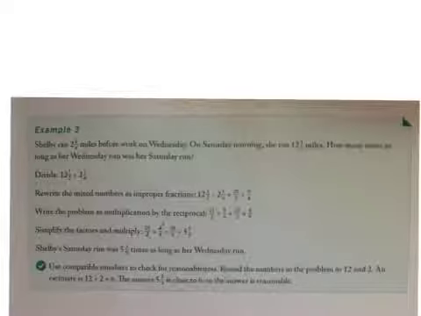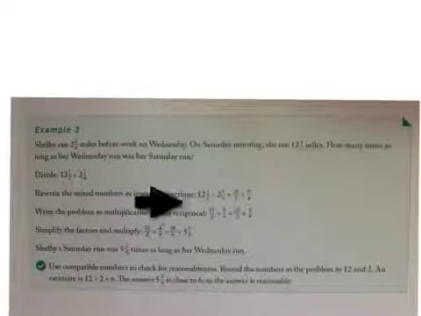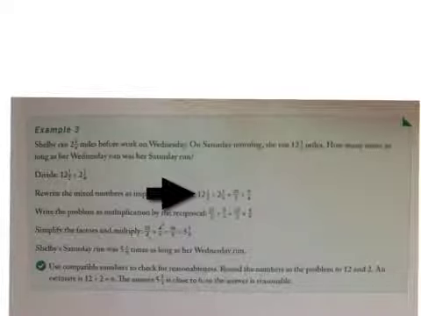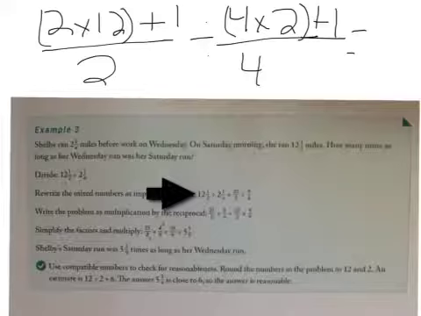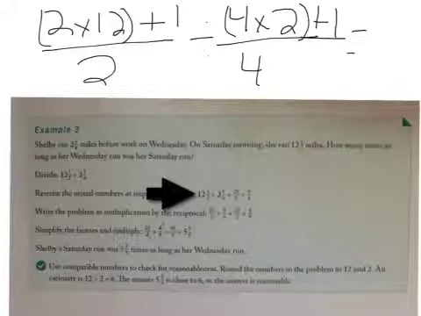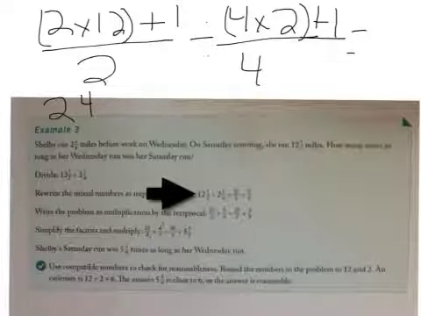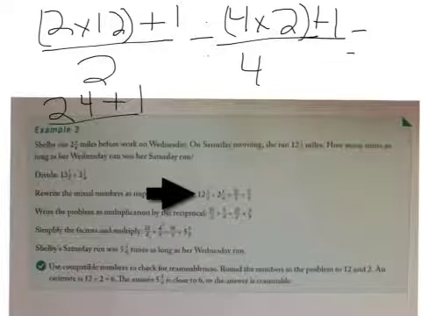Then it tells us to rewrite the mixed numbers as improper fractions, so 12 1/2 divided by 2 1/4 is going to give us 25 over 2 divided by 9 over 4. Let me show y'all how we write this out. We can do our order of operations. We say 2 times 12 plus 1. We know 2 times 12 is 24, plus 1, over 2.